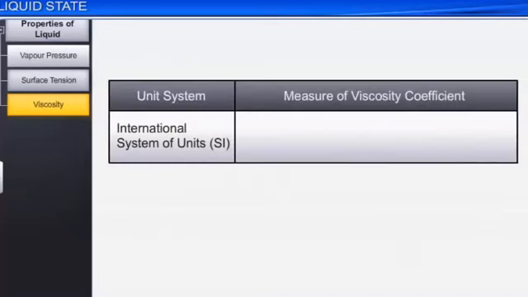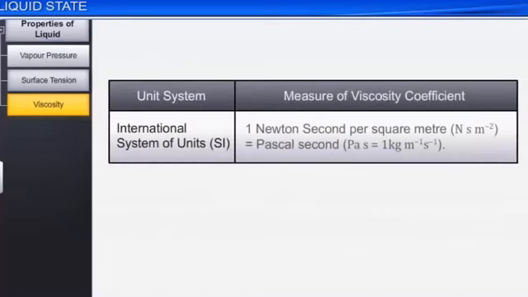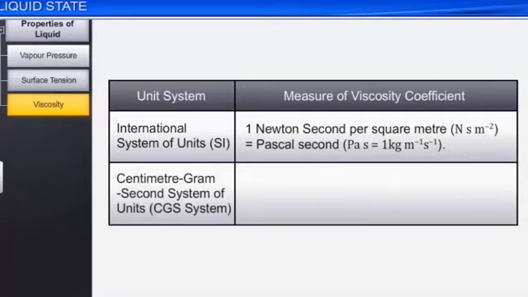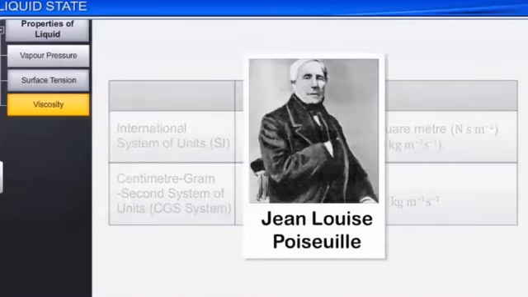Its SI unit is Newton second per meter squared, which is identical to Pascal second. In the CGS system, the unit for the coefficient of viscosity is poise, named after the French scientist Jean Louis Poiseuille. An increase in viscosity decreases the flow of the liquid.